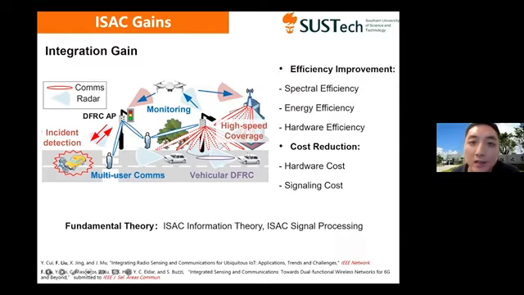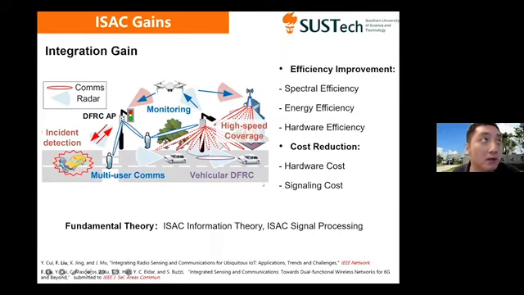By this integration, we can have improvements in efficiency. This includes spectral efficiency, energy efficiency, and hardware efficiency, because now you can have a single device, a single spectrum, and a common signal to do both communication and sensing. Accordingly, we will have cost reduction, both hardware cost reduction and signaling cost reduction.